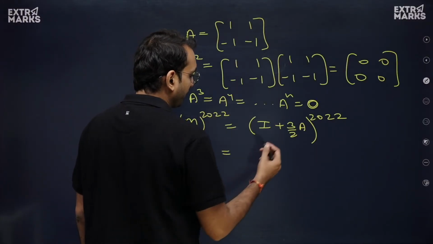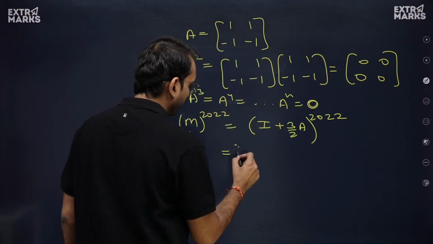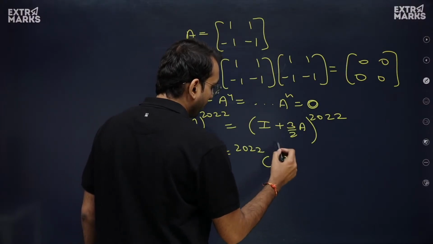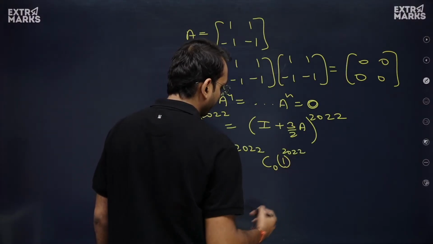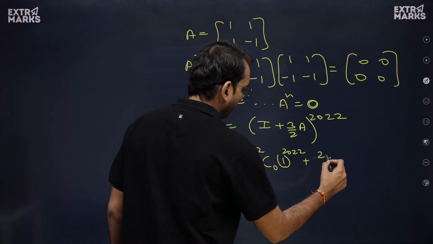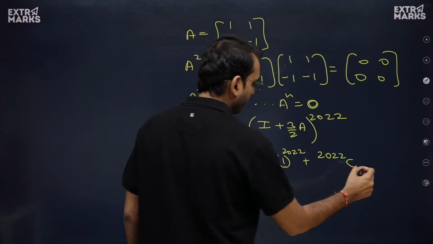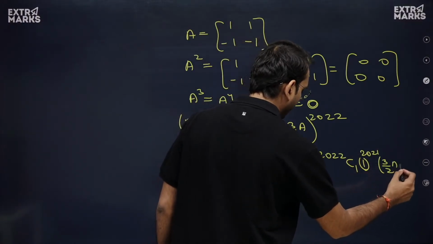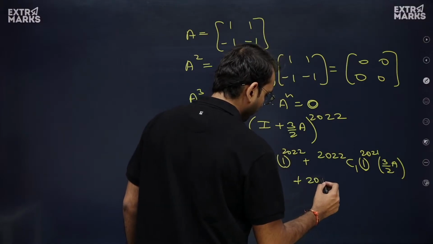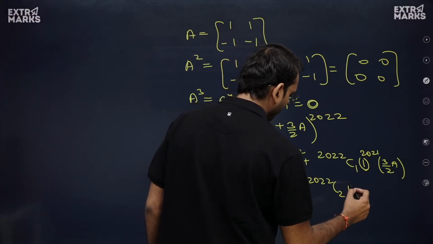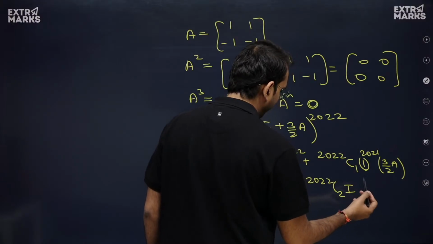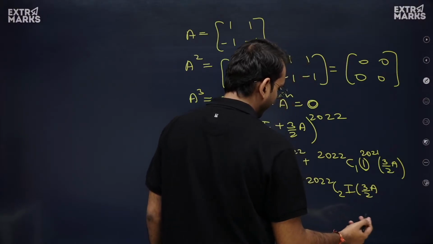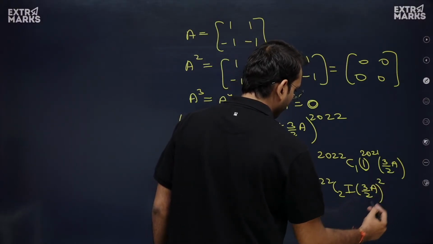So now let's apply the binomial theorem on this. It will be 2022 C naught I to the power 2022 plus 2022 C1 I to the power 2021 into 3 by 2 of A plus 2022 C2 I to the power 2020, that will be I only, and 3 by 2 to the power 2 A to the power 2.